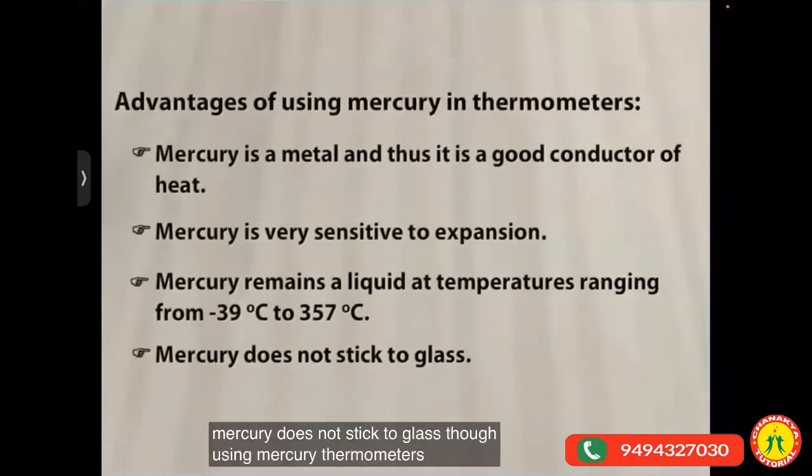Okay, note down the advantages. All of you note the advantages of using mercury in the thermometer. Tell me when you're done.